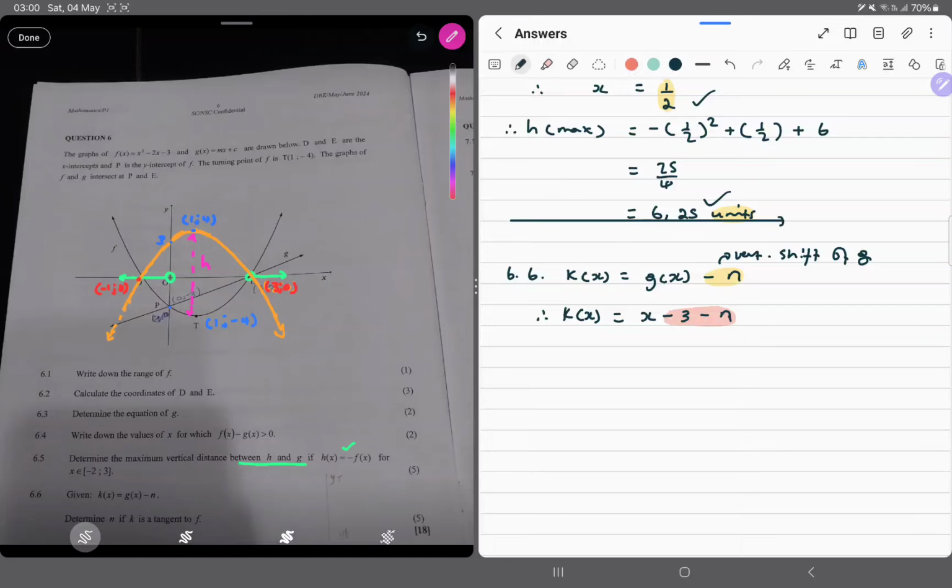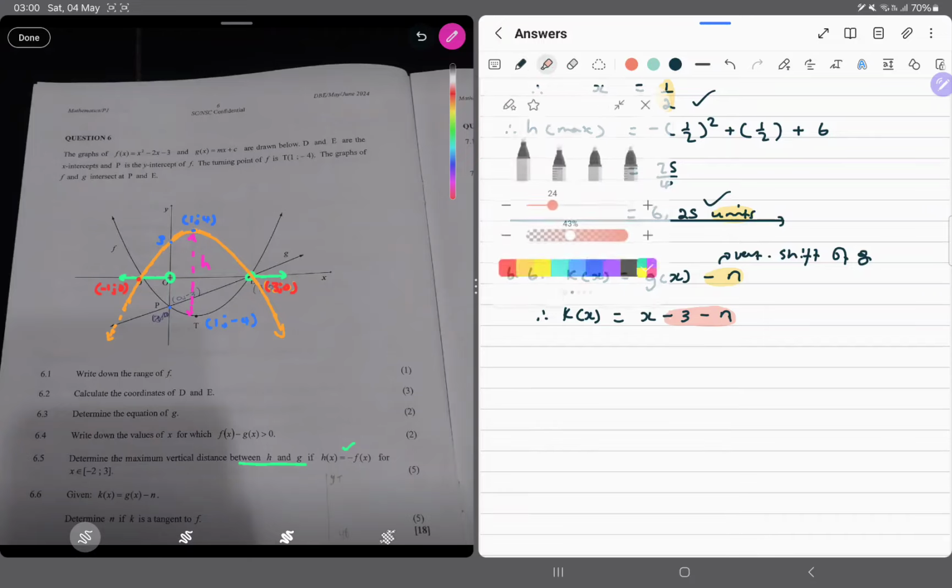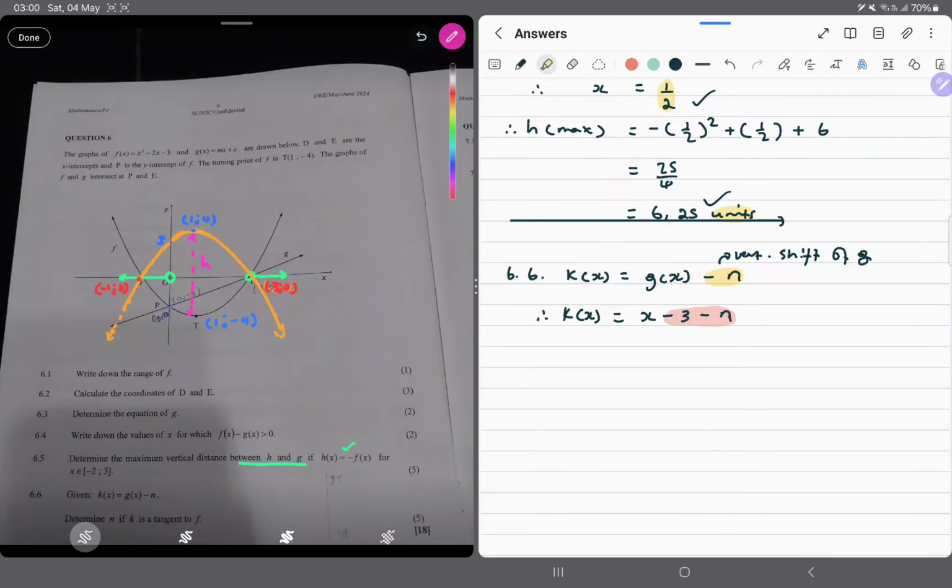So this is the line of k. And what is its gradient? Its gradient is the coefficient of x, which is an invisible one. So if this is to be a tangent to f, that means we need to find the point of tangency. And this line has a gradient of 1.